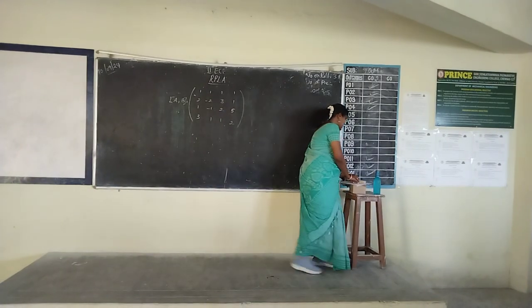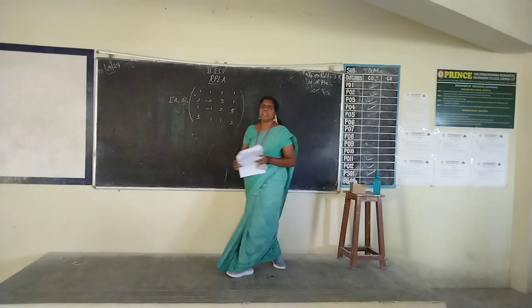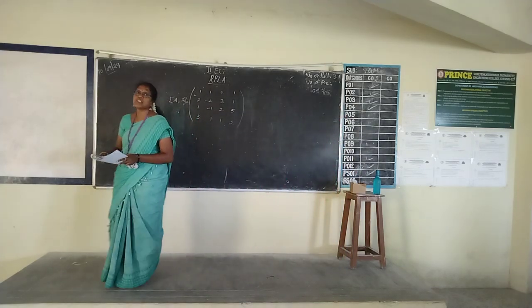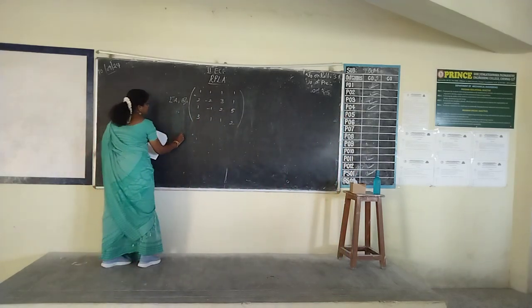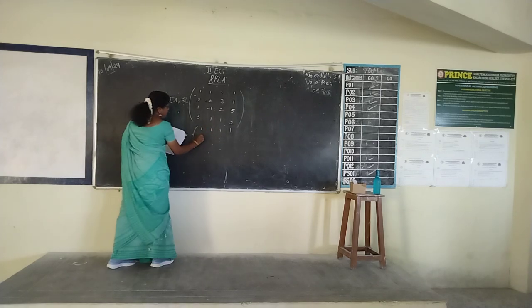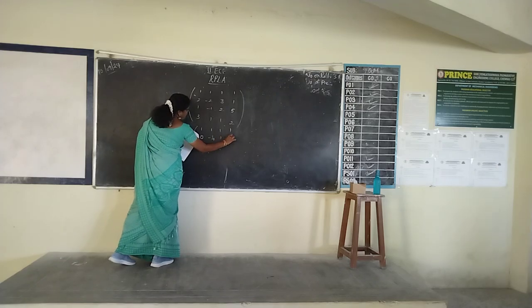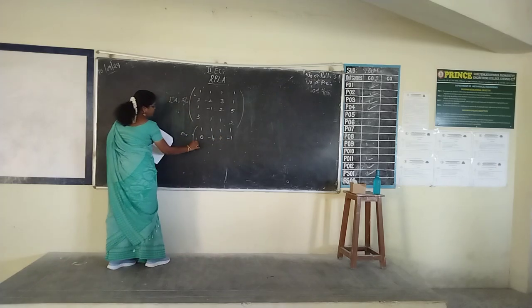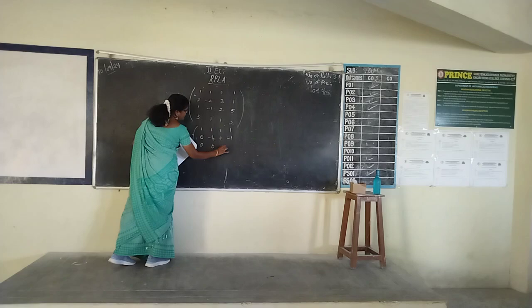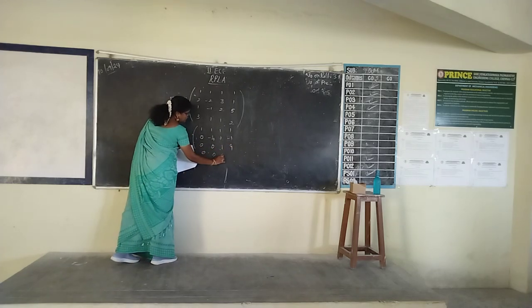So tell me what is the last transformed matrix? After completing all the steps, what is the last transformed matrix? First row will be the same. Second row 0 minus 4 1 minus 1. Third row 9. Last row 0 0 0.